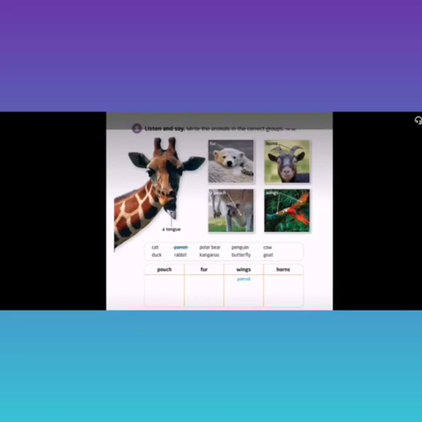For the first part, we have some pictures: a giraffe, a polar bear, a goat, a kangaroo, and a parrot. In the pictures, we have some words like a tongue, four horns, a pouch, and wings. We're going to listen to the description, and then we're going to answer the exercise that is below the pictures, all right?